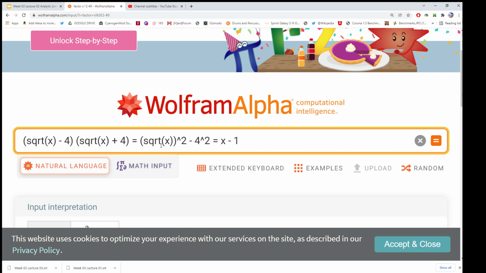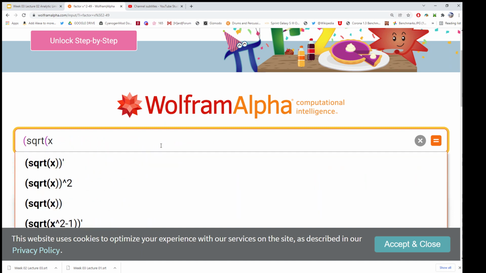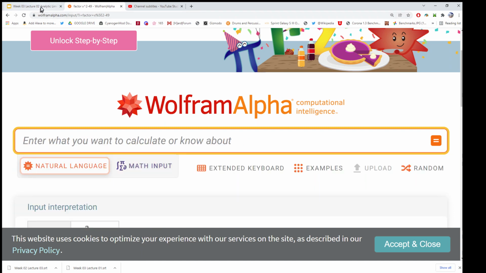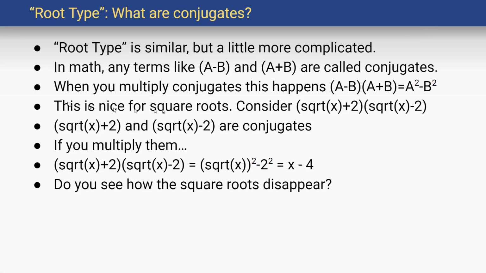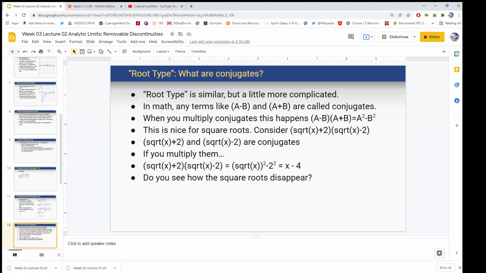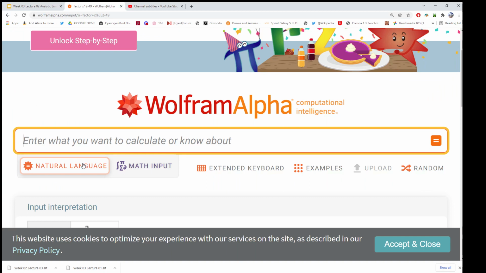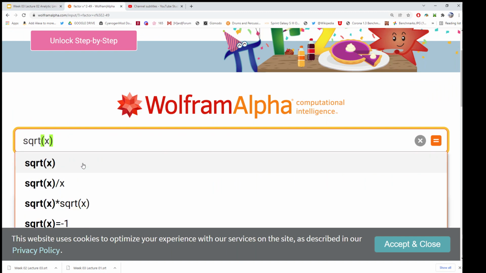Now, of course, if you're having trouble dealing with conjugates, you can use Wolfram Alpha to help. Like on this problem right here, this is nice for square roots, this property. Consider square root x plus 2 times square root x minus 2.